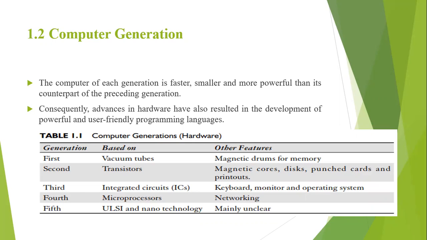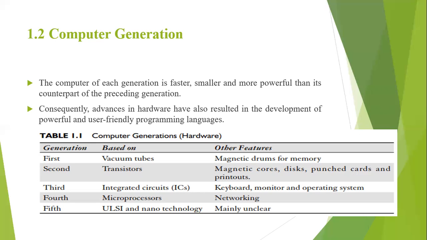As the generations passed, the size became smaller, and as far as power is concerned, computers became more powerful than their counterparts of the preceding generation. Consequently, advances in hardware have also resulted in the development of powerful and user-friendly programming languages.